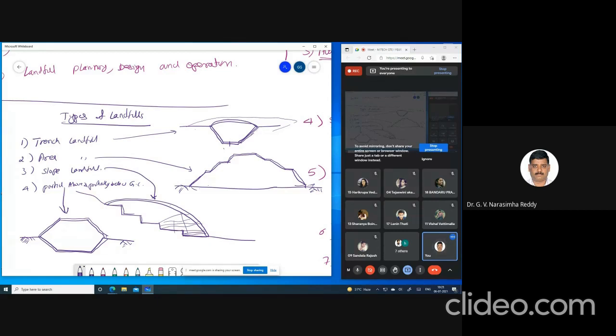And the last one, the fourth one, is nowadays the majority of the municipalities and others are preferring this fourth option, right? So here it will be partially below the ground and partially above the ground.